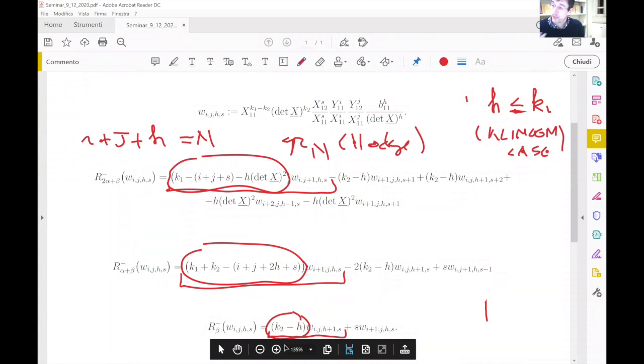So this gives a contribution to the BGG complex that computes the de Rham complex for W_K de Rham.